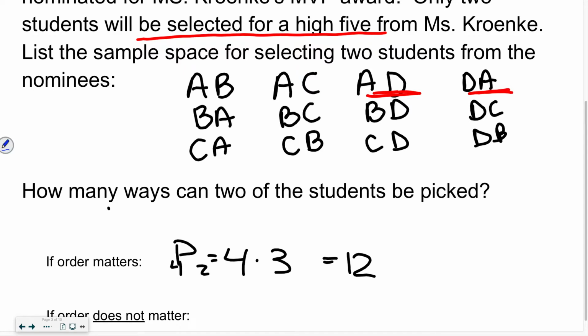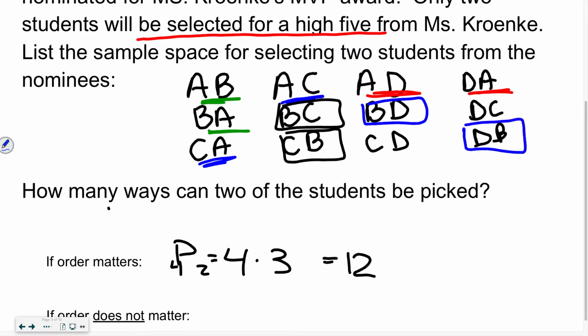Like, what do I have? An AC and a CA. I have an AB and a BA. I have a CB and a BC. I have a BD and a DB. And I have a CD and a DC. Right? So if order doesn't matter and I count up those different ways that I boxed or underlined, there's really only 6 different ways to do things.